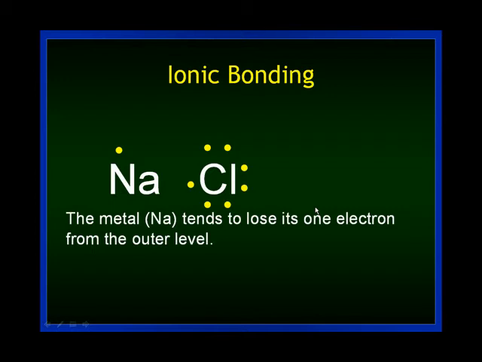Okay, if you look at sodium on the periodic table, sodium has 1 valence electron, chlorine has 7 valence electrons. So you can see sodium will transfer its 1 electron to the missing empty hole right there for the chlorine.